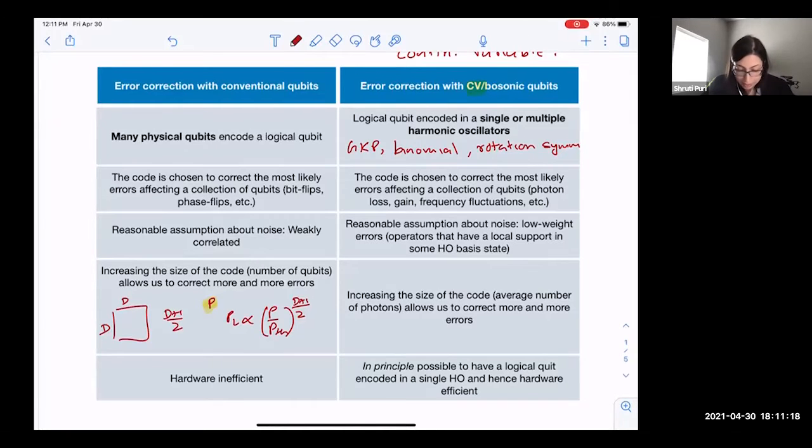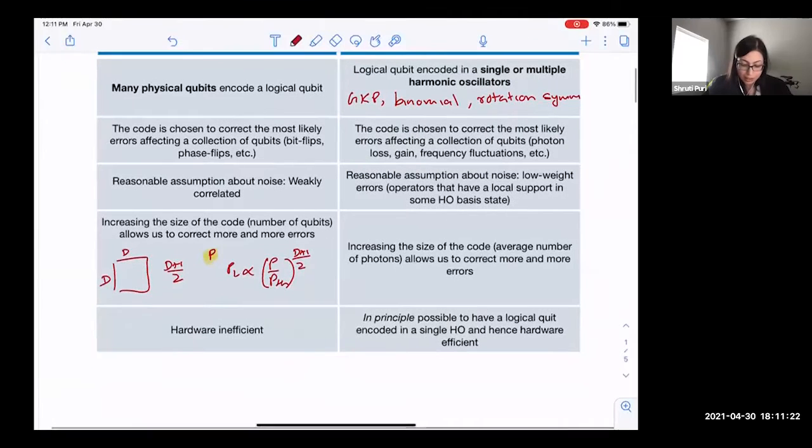On the left-hand side, you can clearly see, in some sense, these qubit-based codes are sort of hardware inefficient because you're using many qubits, and you have to control these many qubits to make one logical qubit. In the surface code, you have d squared qubits, and you use d squared qubits to encode one logical qubit.